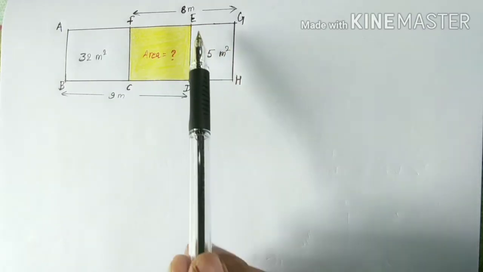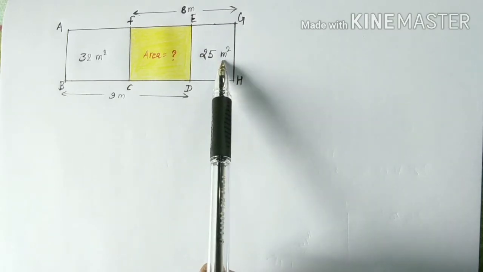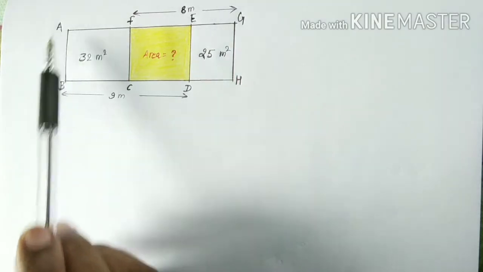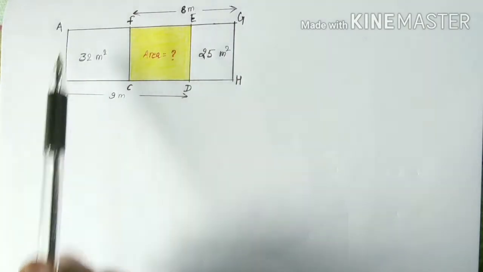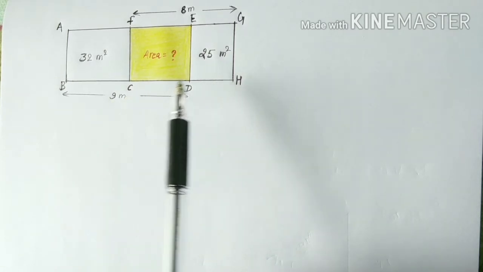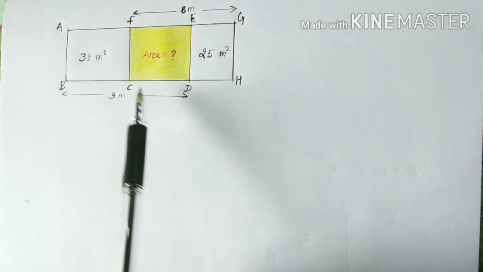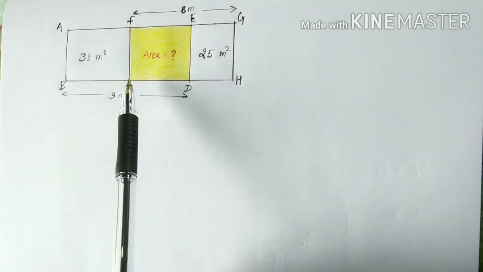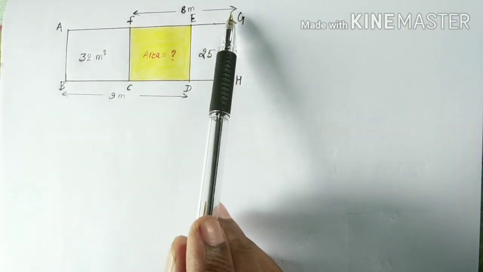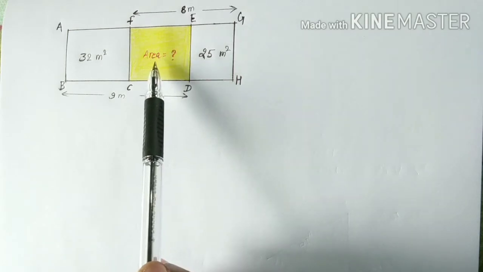Area of rectangle DEGH is 25 meter square, and the length of rectangle ABDE is 9 meter, and also the length of rectangle CFGH is 8 meter. Then it is asked to find the area of yellow region.